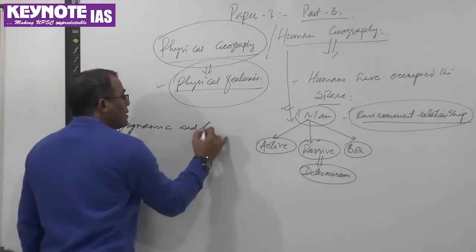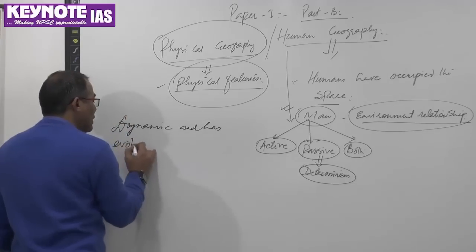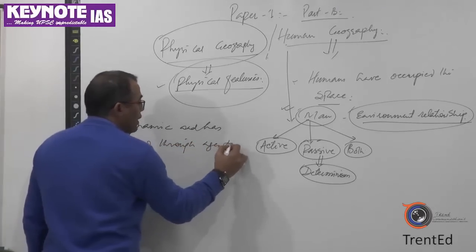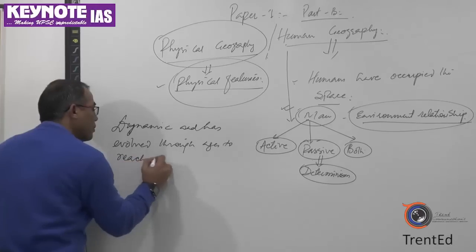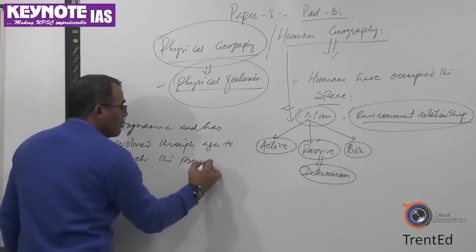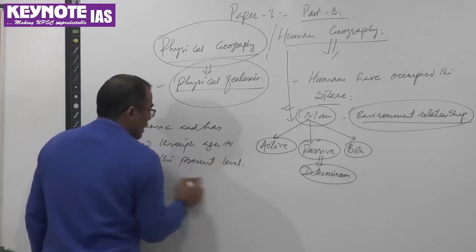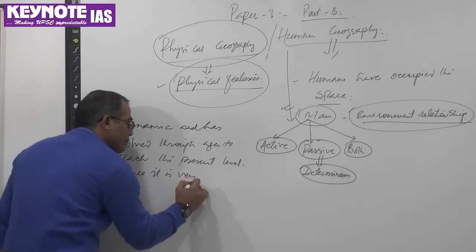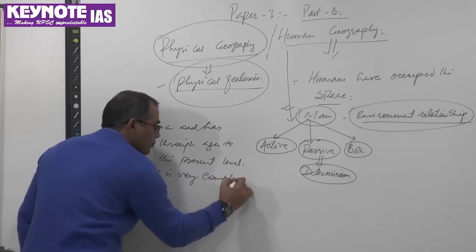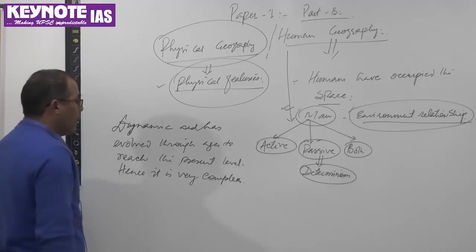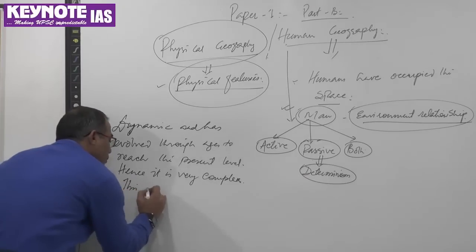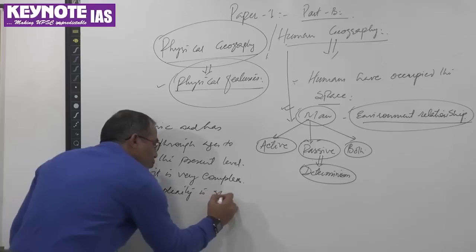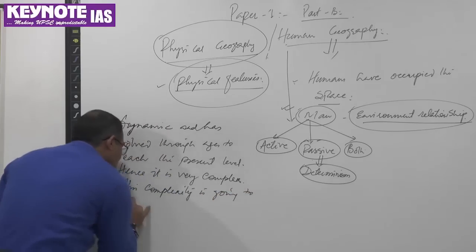and has evolved through ages to reach the present level. Hence, it is very complex. This complexity is going to increase further.